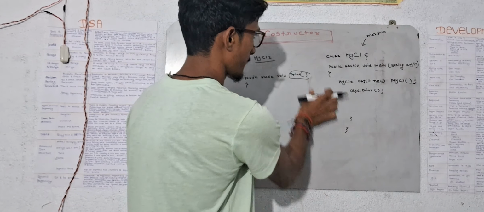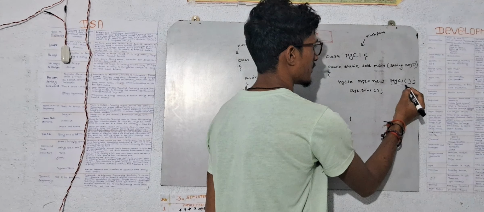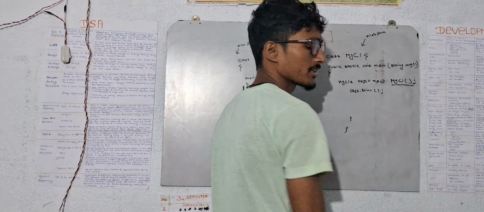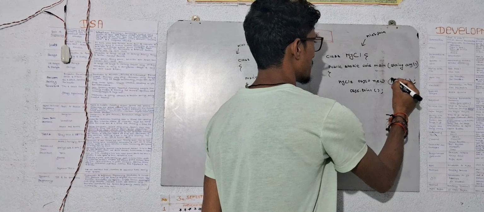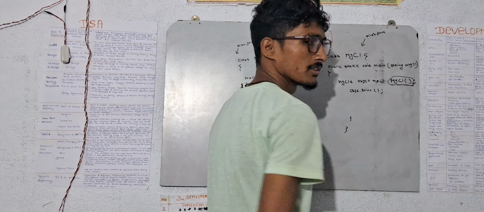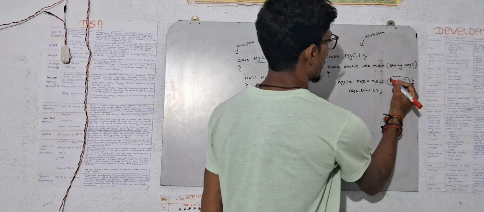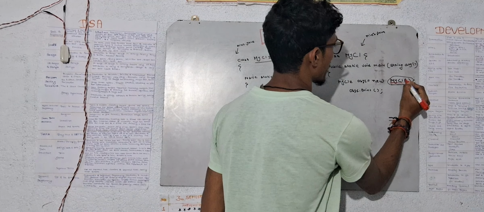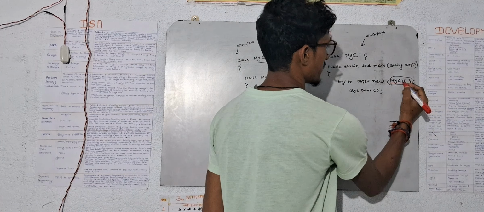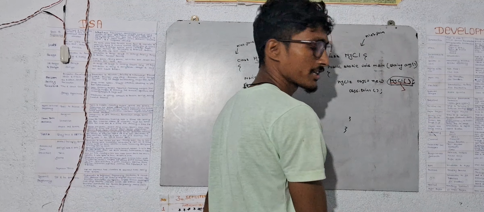So give attention here. This is a constructor. You can see here mycl, and this bracket is the identification of the constructor.